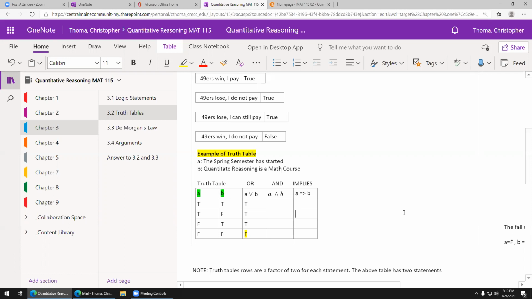I'm going to pause there for a minute because I don't want to go too fast. Any questions on why I did what I did for or? I am trying to wrap my head around this. Okay. So you just made up your own truth table, the true and the false. Yep, true, true, false, false. But it's not really based off of the sentences that we're looking at, correct?